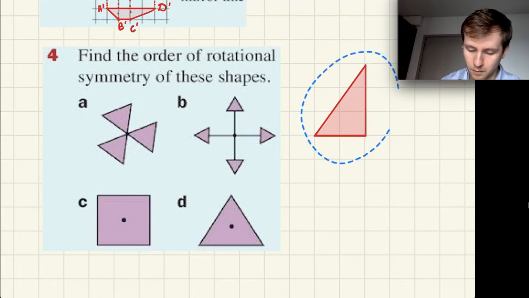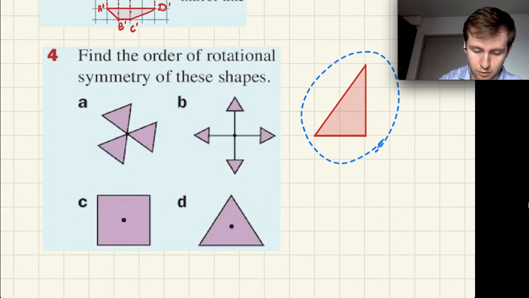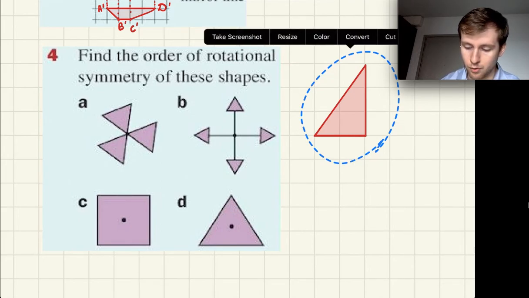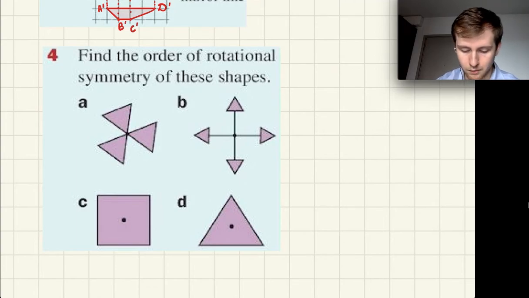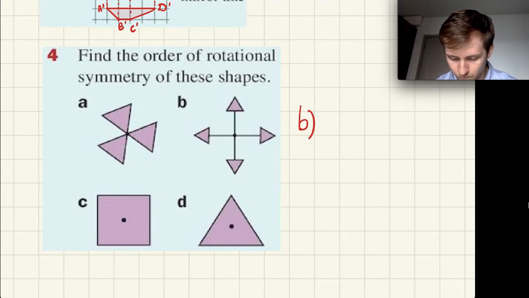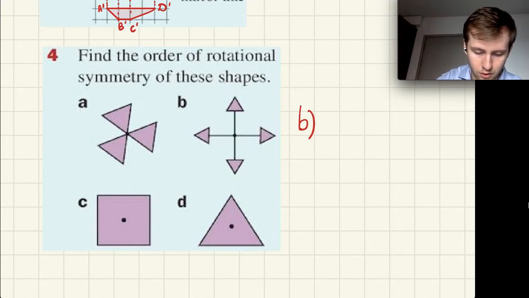Let's look at some of the shapes. I think I should start with B because it's going to be easier to draw. I will just draw a B here, and I'll try to show you how a B works. So in B we have these small triangles on the end.